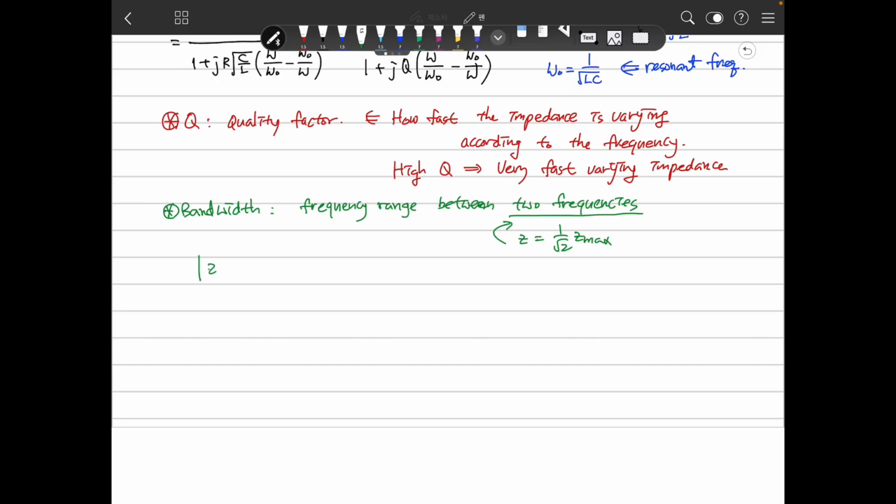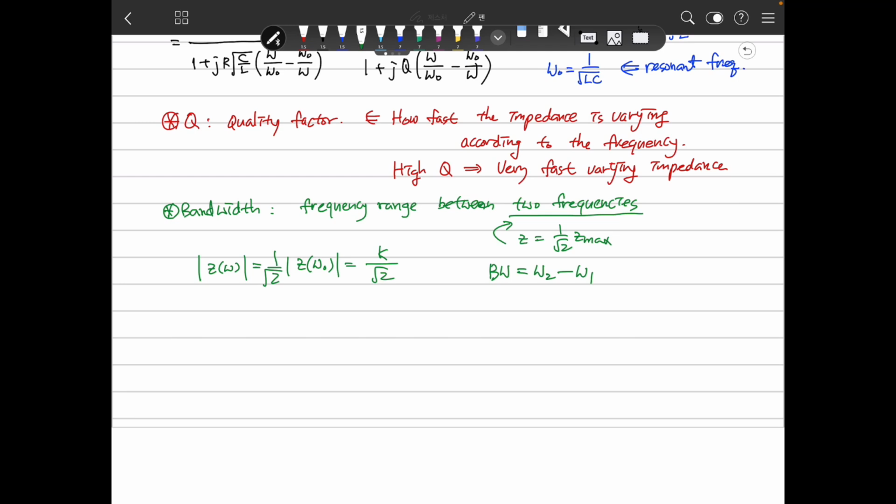So that means the magnitude is 1 over square root of 2 times G at the resonant frequency. So there will be the case of K, because we define K as the maximum value here. Then bandwidth is defined as the frequency difference omega 2 minus omega 1.